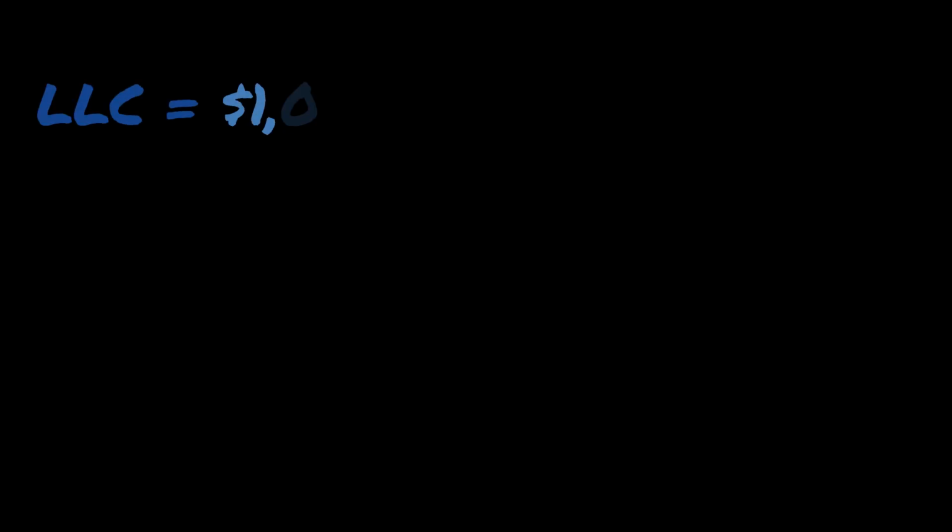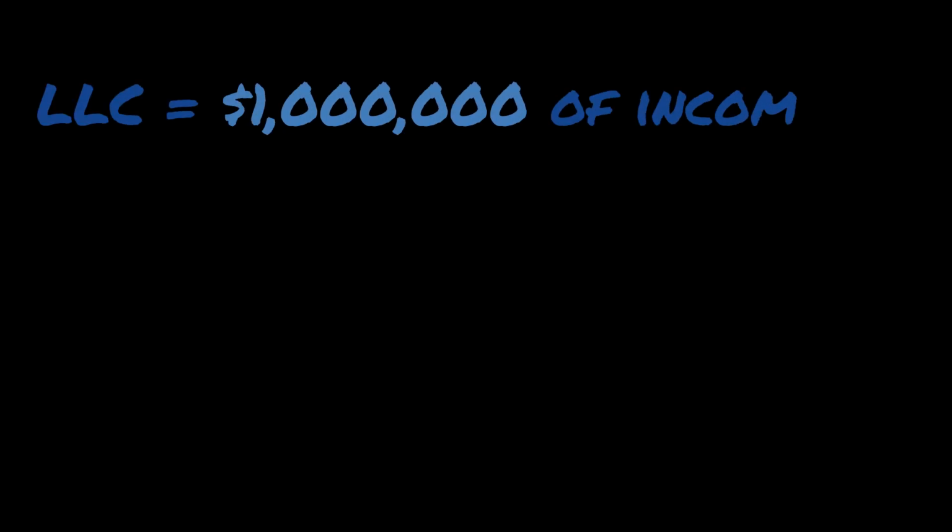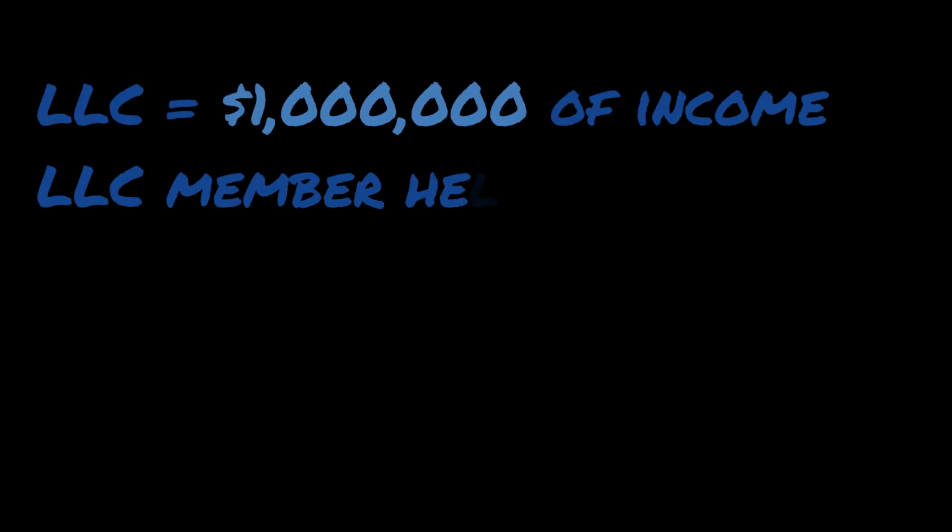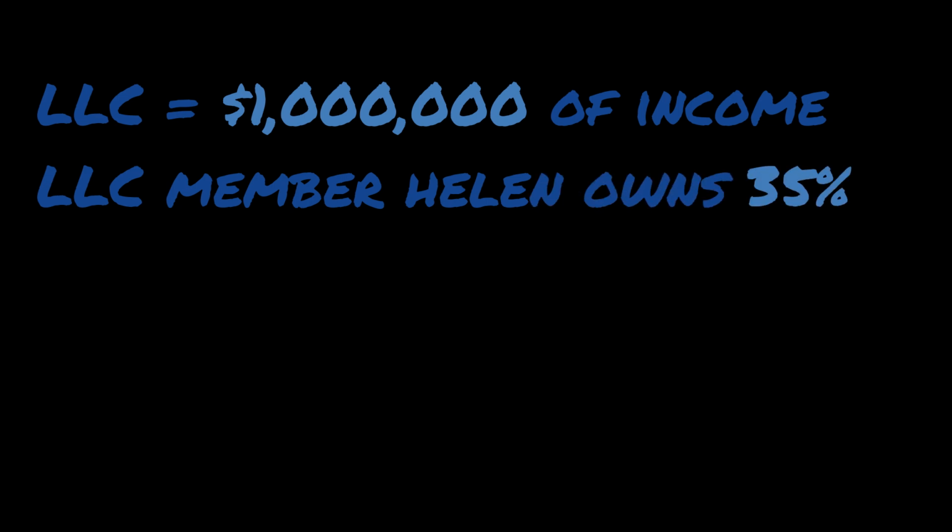Let's go through a quick example of an LLC taxed as a partnership and how the income will get broken down. This LLC has $1 million of net income. The LLC member, Helen, owns 35% of this LLC.